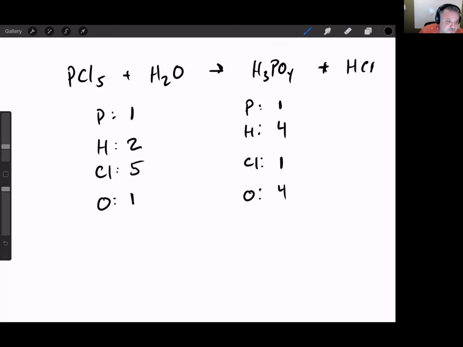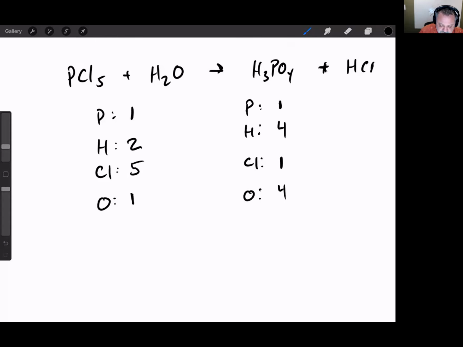So let's try to apply those rules now. Let's do non-hydrogen, non-oxygen atoms first. We'll save isolated elements until the end. It doesn't look like there are any isolated elements in this case, so I won't even apply that particular suggestion.